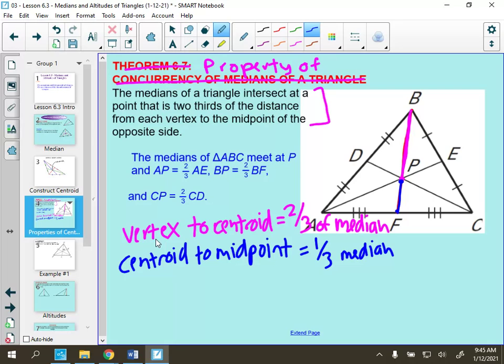The other thing to note, which I think is worth adding, is an additional note, because it's not always super clear. This segment, BP in our example, this pink one, is exactly twice as long as this one. And that's where I lose people and they say, what? I thought it was 2/3.